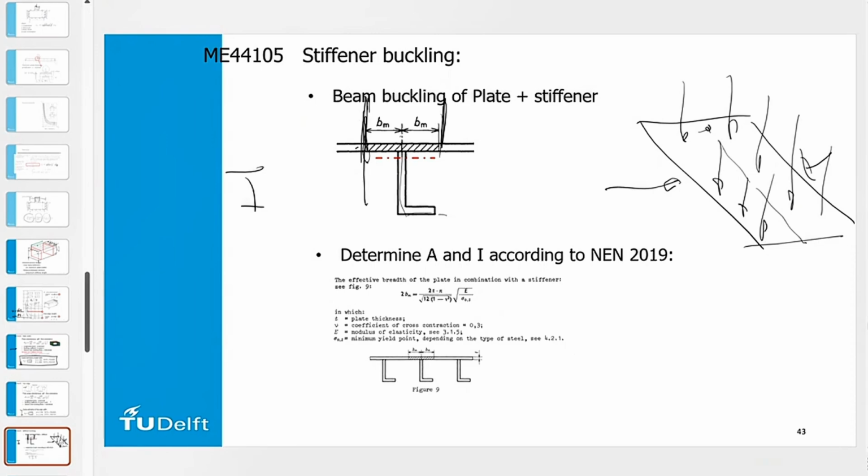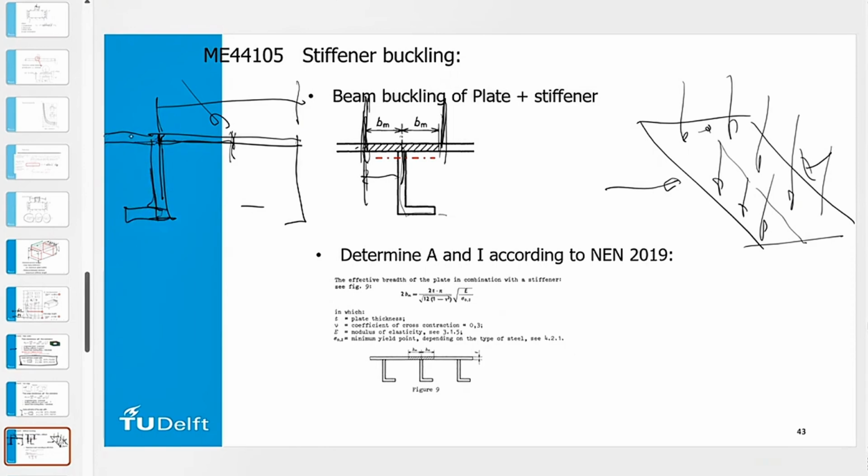The idea is, if we take the width of the plate, so if we have a stiffener here and we have a stiffener there, then for this plate we take the effective width of this beam. We divide that over half of the plate goes effectively in the moment of inertia of this stiffener plus plate, and then the other half goes into this stiffener plus plate.